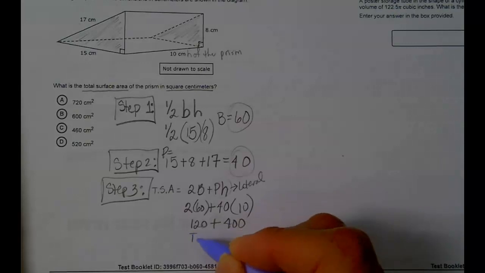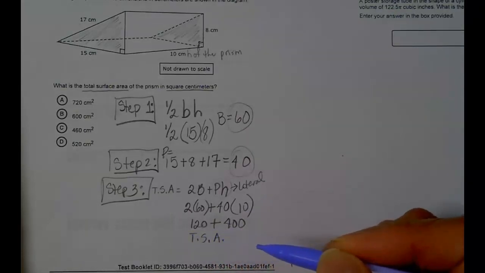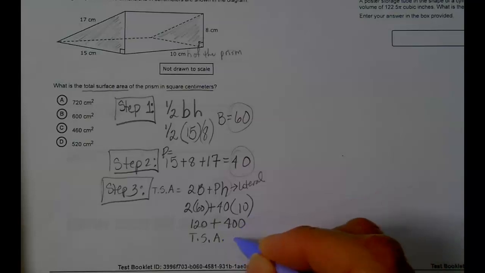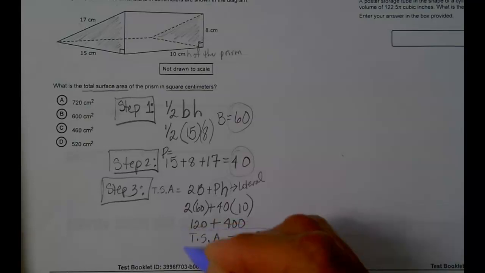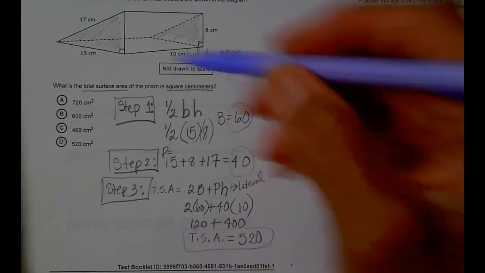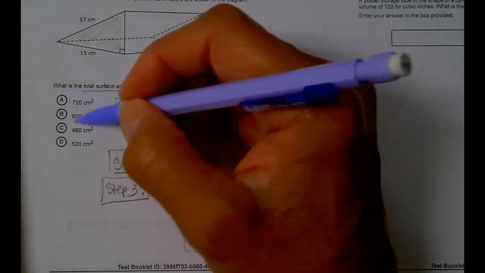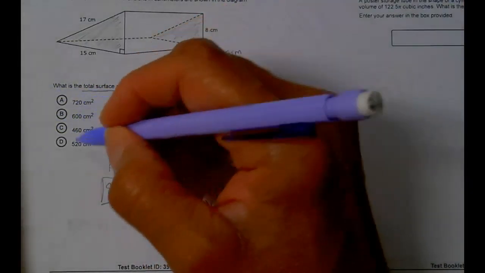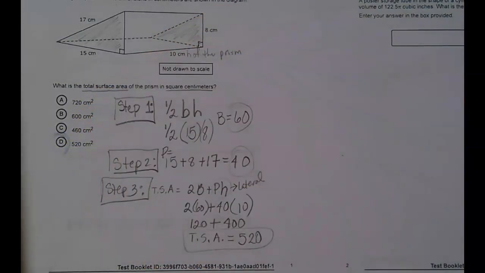So the total surface area of this problem, 120 plus 400, is going to equal 520. So that's my final answer. I can eliminate A, B, C, because I just worked it out, and my answer is D.